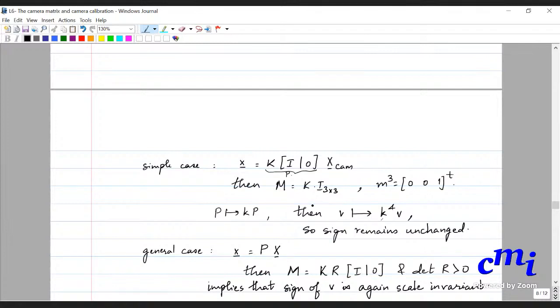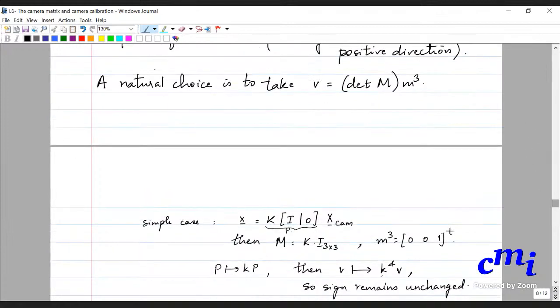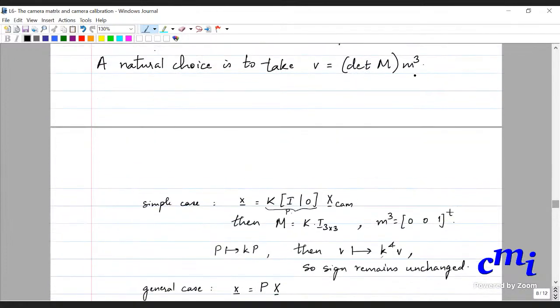Now this choice is good under projective transformations because if P goes to k times P, then with this definition your V will go to k raised to 4 times V. Because of this even power, the sign remains unchanged. What this means is that a scalar mapping is not going to change the sign, so all points on the same line are going to have the same sign.